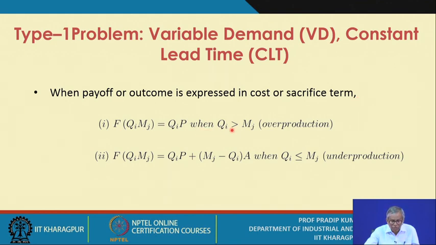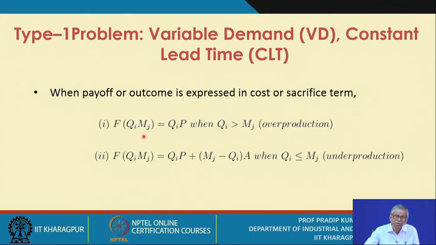The first case is when Qi, the order quantity, is greater than Mj. This order quantity you have already produced; in fact, Qi is the production quantity, and it is greater than the demand. So obviously, with P as the production cost per unit, Qi into P is the cost.